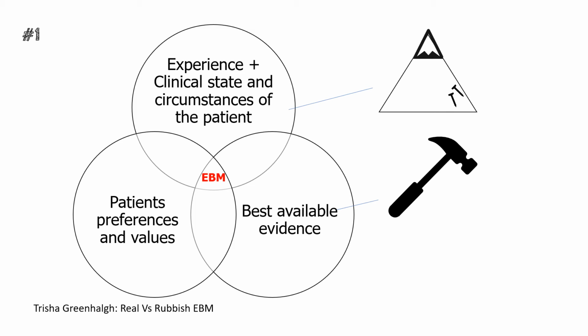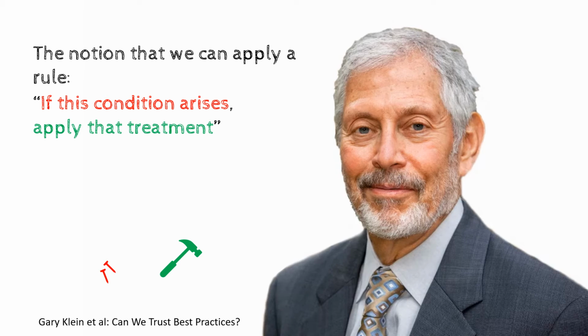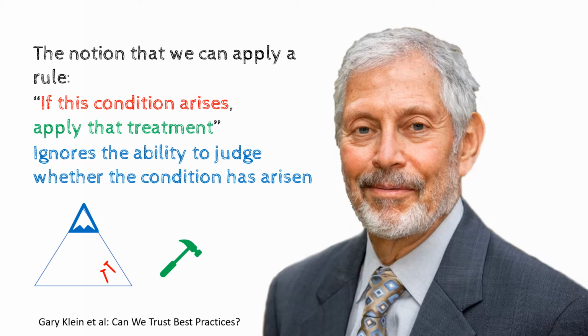You need to be skilled at communication and history taking and examination to actually know whether this condition has arisen, or as Gary Klein talks about in one of his papers called "Can We Trust Best Practice?", the notion that we can apply a rule, if this condition arises, apply that treatment, ignores the ability to judge whether the condition has arisen.